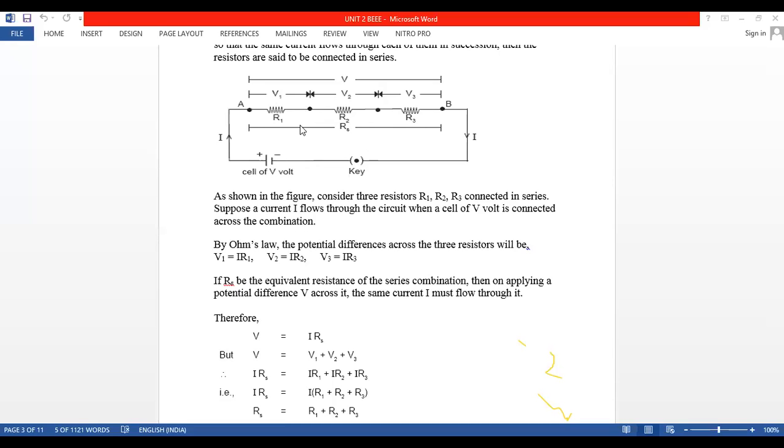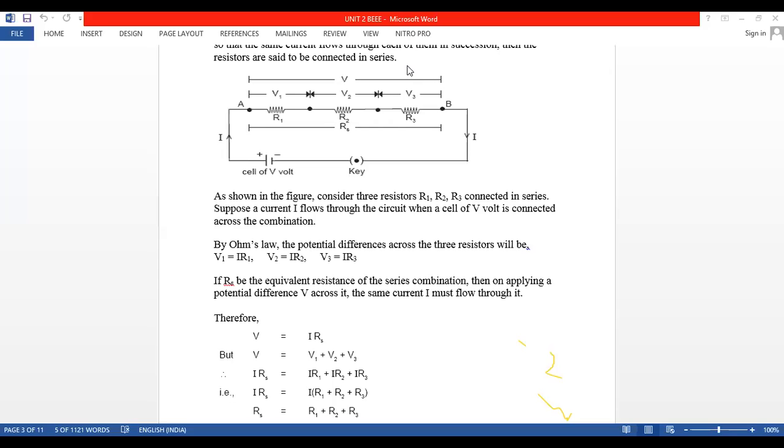How much current is flowing? This is our subject, current I. Now, if the current flow is not divided, if the same amount of current is flowing through the resistors, then it is called series.